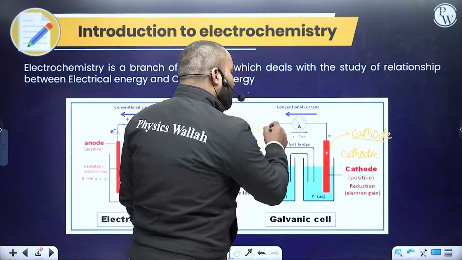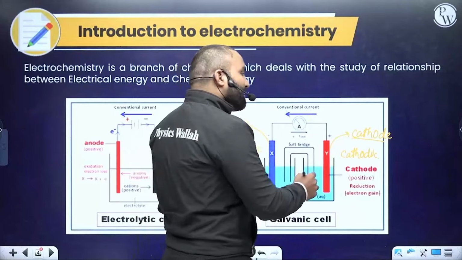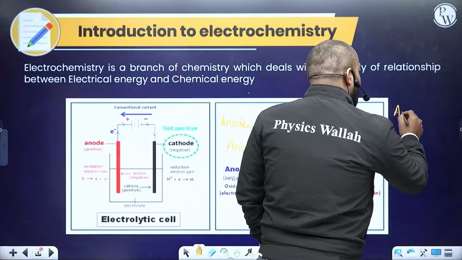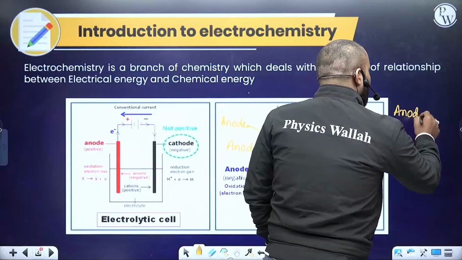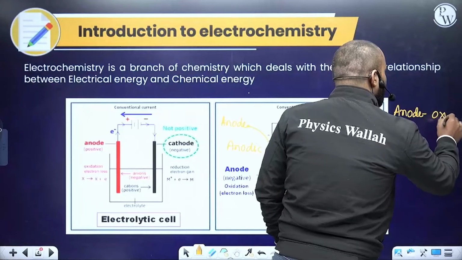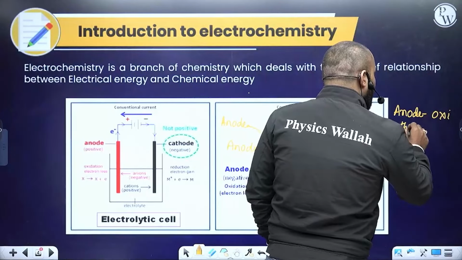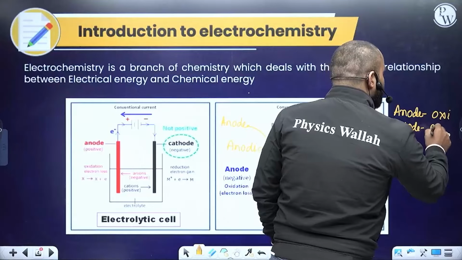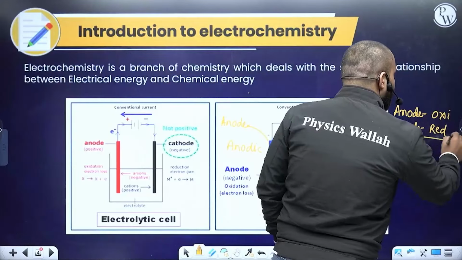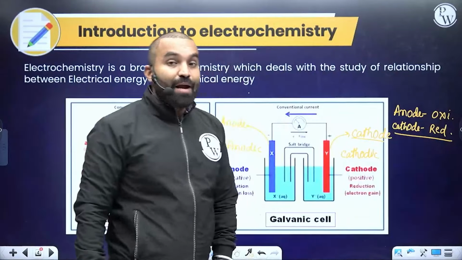There is a flow of current happening. So I'm writing it down here for you: on the anode, you will always observe the oxidation process, and on the cathode you will always observe the reduction process. All right. What is oxidation and what is reduction?